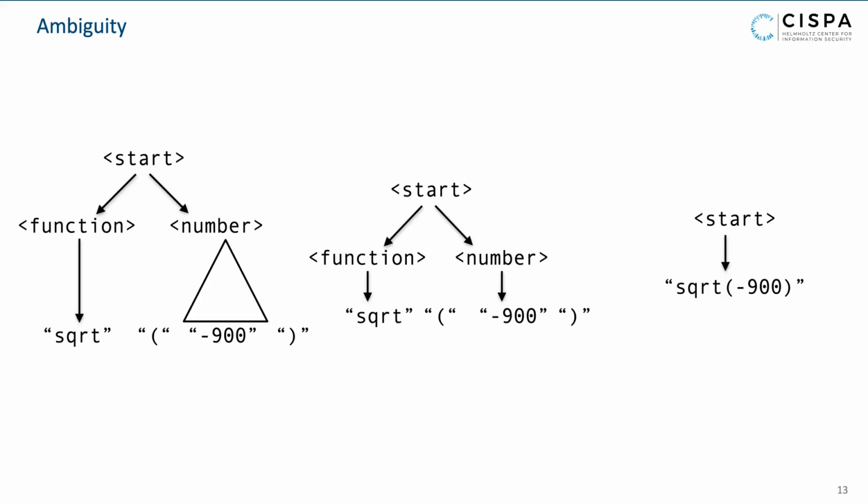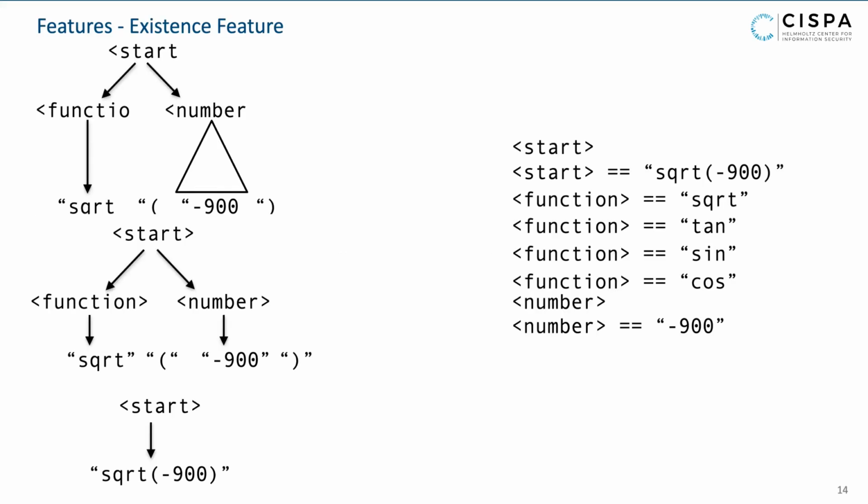For deriving features, we always look at all possible derivation trees. For the existence feature, we can check which production rules have been used within the derivation trees. In our example, the start rule has been used in all 3 derivation trees. Therefore, the existence feature is set to 1. The start rule derives to square root of minus 900 in the 3rd tree, which means the existence feature is also 1.